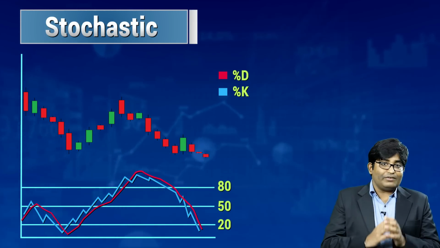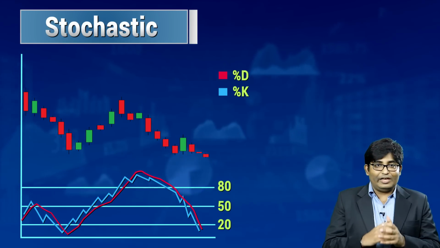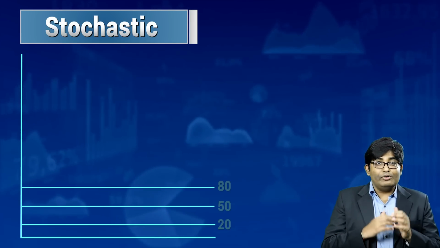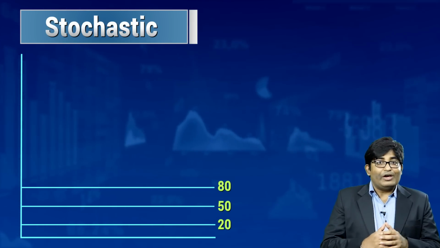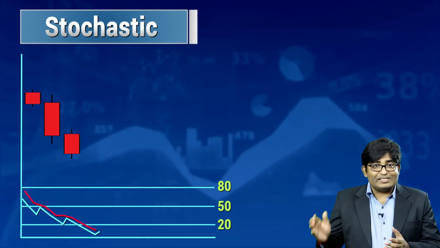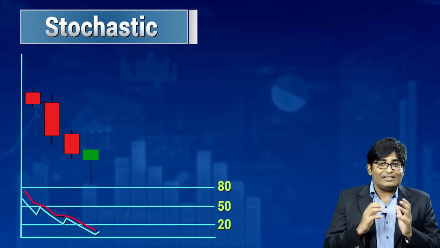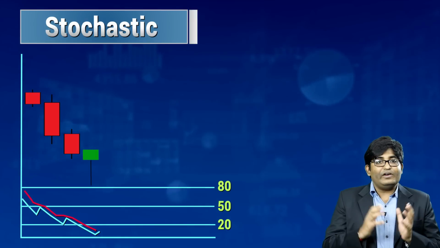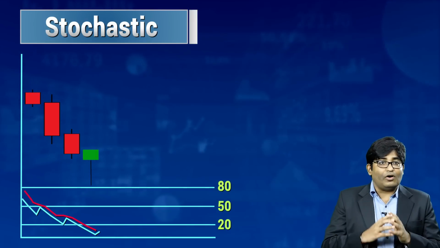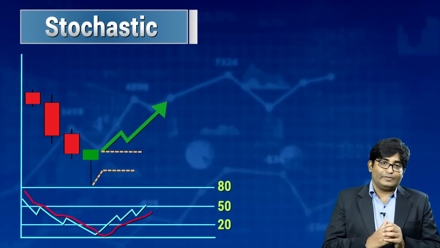There are two kinds of reversal signals generated with the help of stochastic indicator. Let us take the bullish case first. When we see the stochastic crossing the 20 line and simultaneously a bullish reversal chart pattern or a candlestick pattern or any kind of a reversal pattern is observed, a bullish trade can be taken with stop loss.